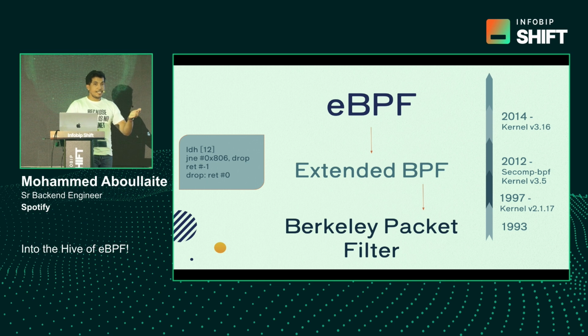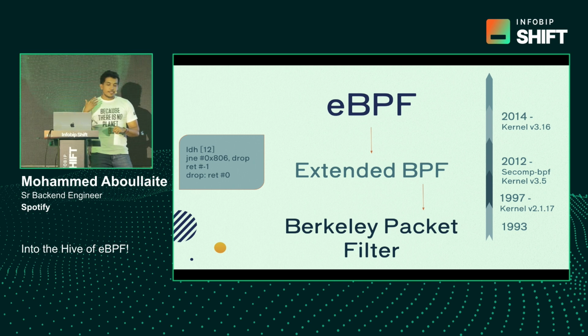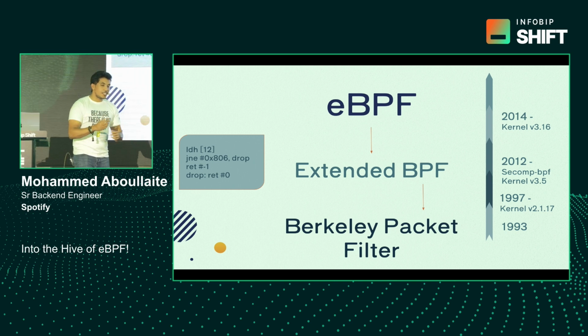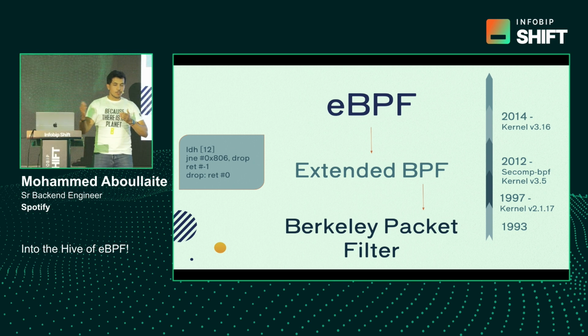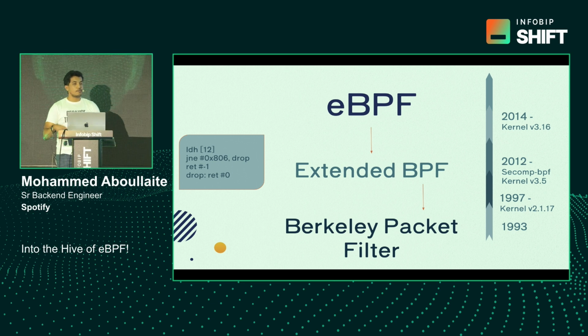And then in '97, we started to get the first version of BPF introduced. In 2012, we started to expand a little bit with Seccomp BPF and introduce it into security. And then in 2014, a group of the community decided to extend it, and that's what we actually call eBPF. That's where the naming came from, extended BPF, which is a way to make the kernel programmable.